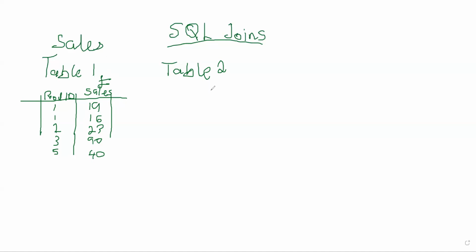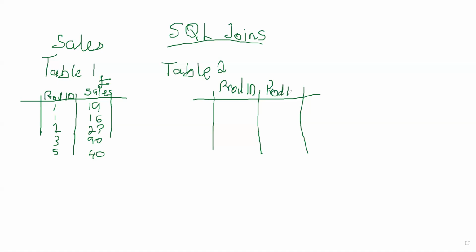I have another table called the products table. On this product table, we have product ID as primary key. Are you noticing a similarity here? If product ID is a primary key here, what is it on the other table?